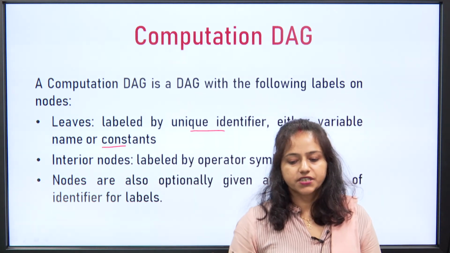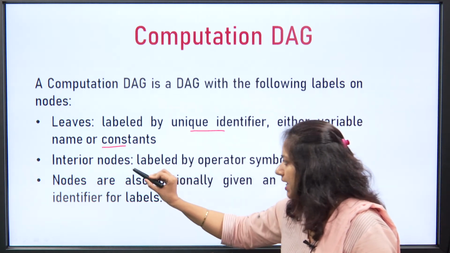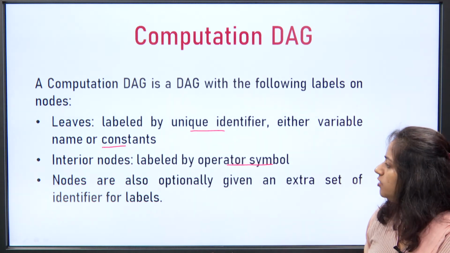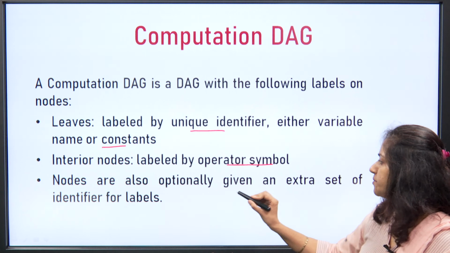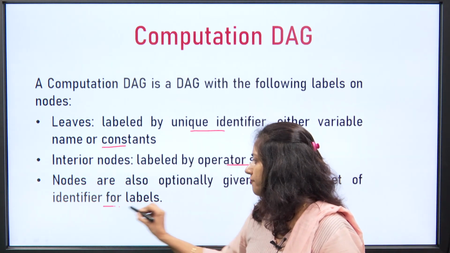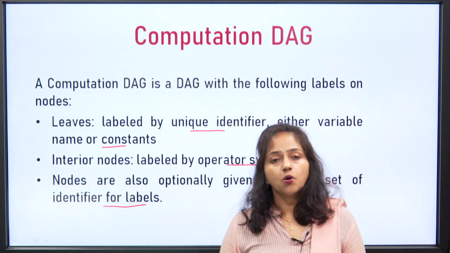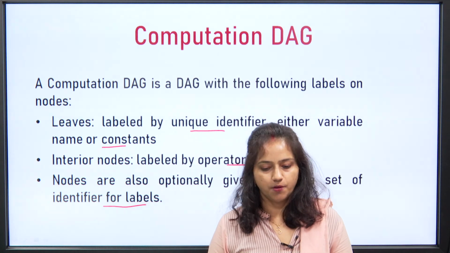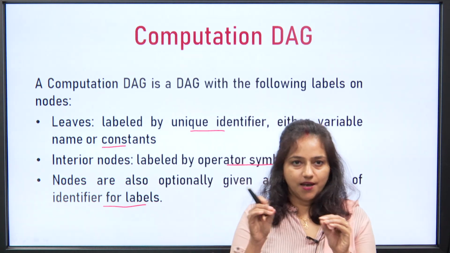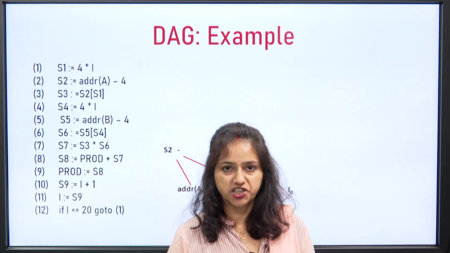So, leaves will be labeled by unique identifiers, interior nodes will be labeled by operator symbols, and nodes are also optionally given an extra set of identifiers as labels. Meaning, at the interior nodes we can attach some additional information, an extra set of identifiers as labels, and this is optional.